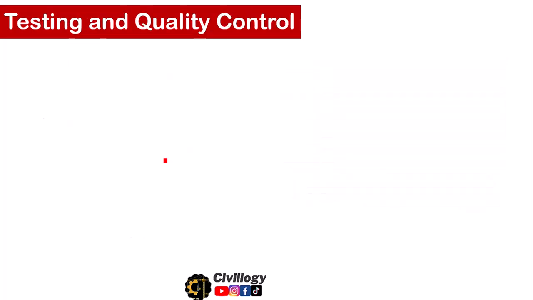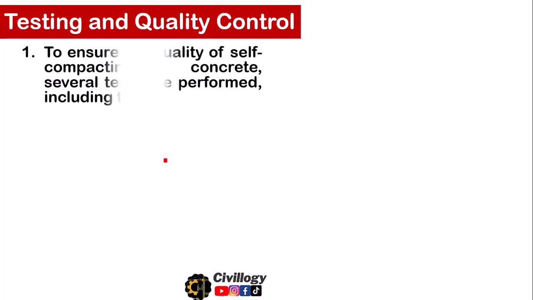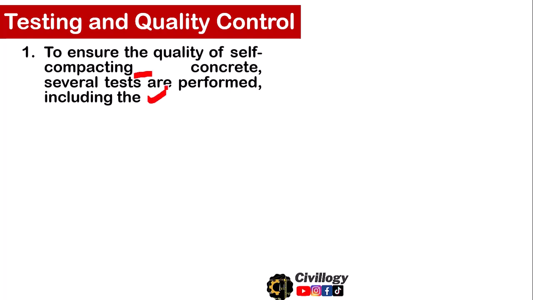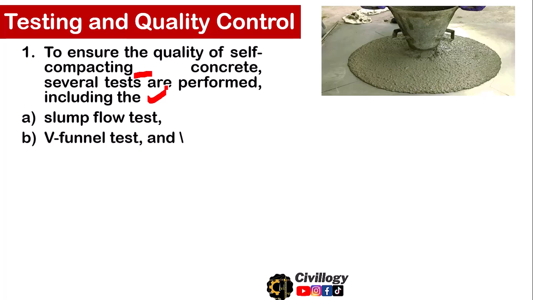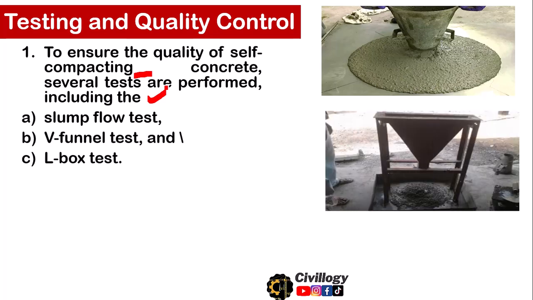Now, how to check the quality of self-compacting concrete? To ensure the quality of self-compacting concrete, several tests are performed, including the slump flow test, V-funnel test, and the L-box test. So we will only stick to our topic, which is self-compacting concrete. And if you want to know about these tests, let me know in the comments.